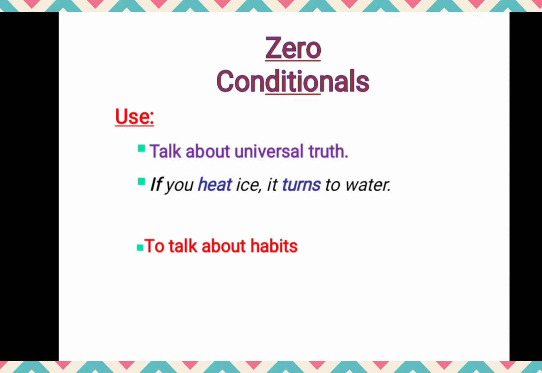Secondly, to talk about habits, like if I see a spider, I get very scared. That is a habitual sentence and it fulfills the construction of zero conditional. If I see a spider, I get very scared.